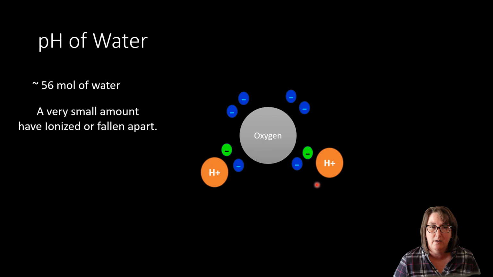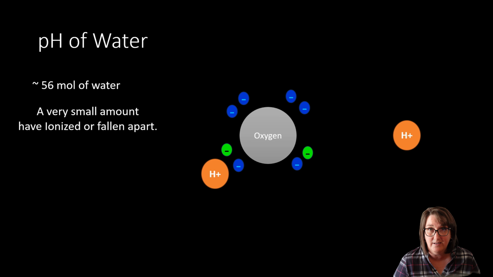So what goes on is most of my water is going to look like this. I'm going to have hydrogen bonded to oxygen. It's all going to stay. But then every once in a while, I'm going to have some that are going to pop off. And when they pop off, now I have ionized water. I have water that's going to have ionized pieces of oxygen molecules inside my water.